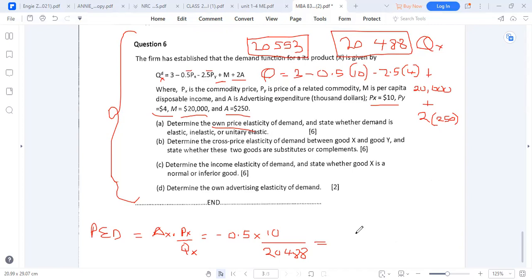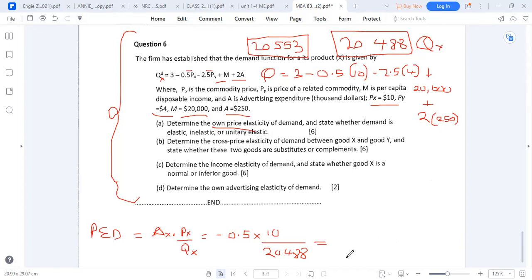So this is negative 5 over 20,488. I'm sure some of the calculators are showing you index numbers.